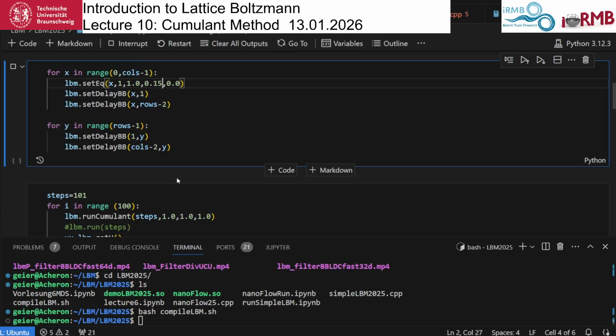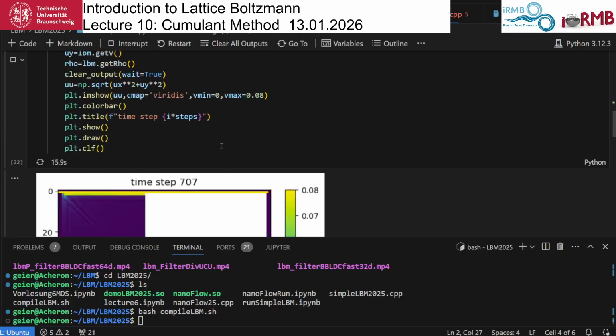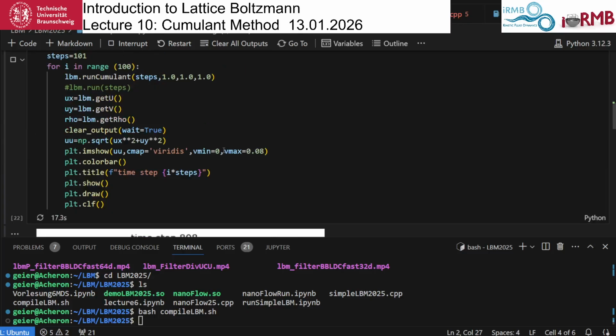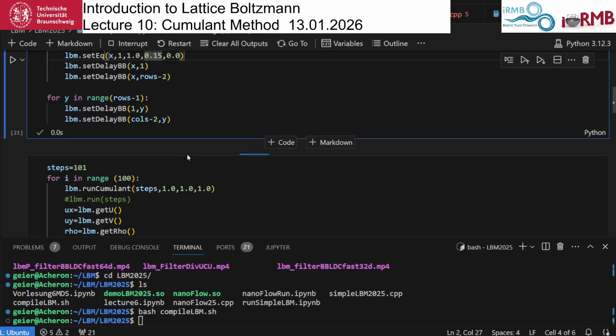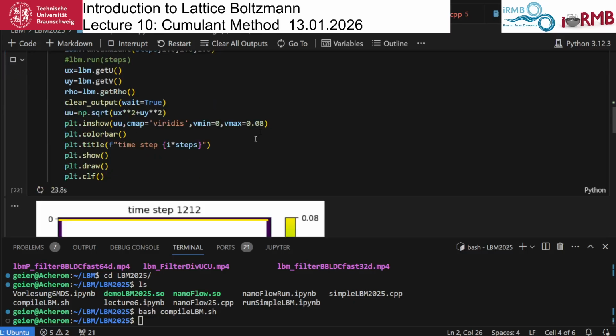Try to kill it. So we observe some oscillations. We actually killed it. The max of velocity is, yeah, it's too low now.